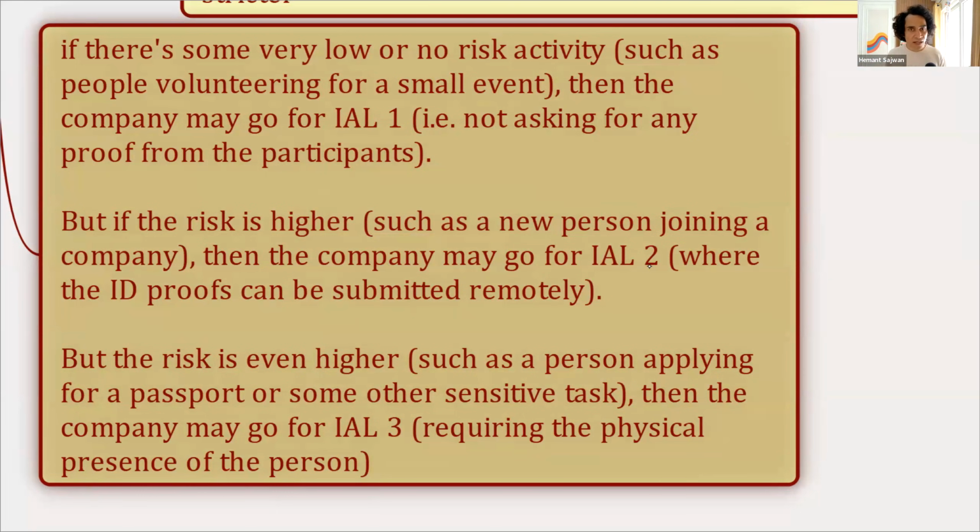Then the company may go for IAL2, where the ID proofs can be submitted remotely. But if the risk is even higher, such as a person applying for a passport or some other sensitive task, then the company may go for IAL3, requiring the physical presence of the person. So that was identification and the three levels that need to be used when creating the identity for a person: IAL1, 2, and 3.